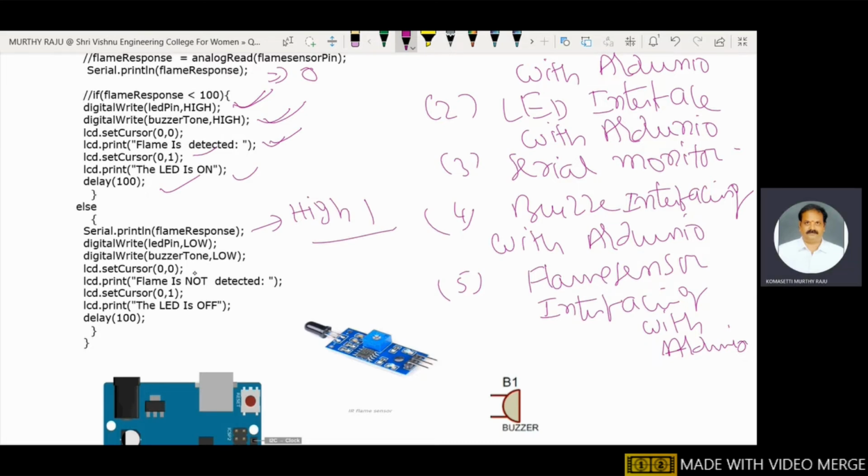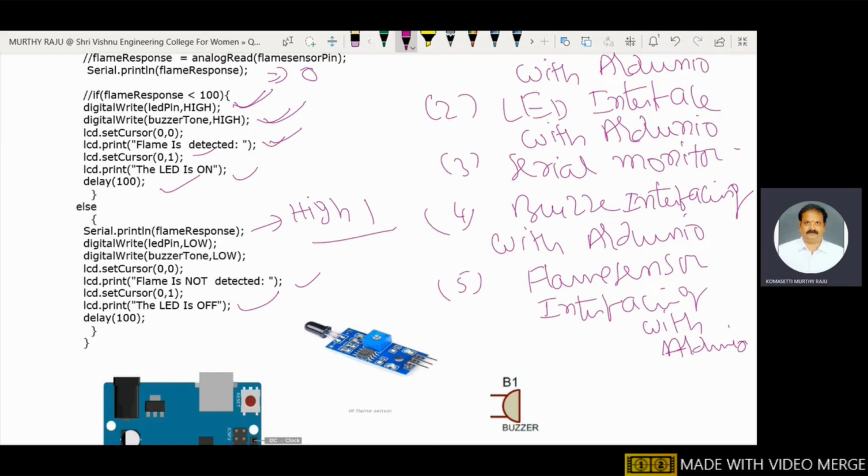LCD dot set cursor 0,0, first row and first column. LCD dot print flame is not detected. LCD dot set cursor 0,1, second row and first column. LCD dot print the LED is off. Delay 100 milliseconds.